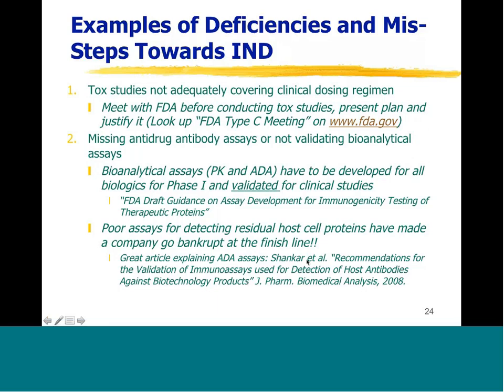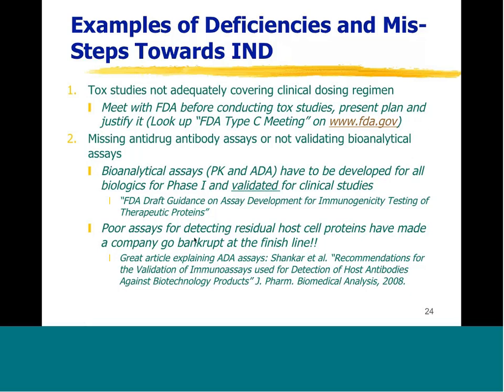The reason I put in the residual anti-host cell protein assays is that the Office of Blood Products, so if you're developing coagulation factors or blood products, actually requires you to do this. Other divisions don't. Europeans like to see it, but they may not emphasize it at the beginning. Eventually, they may ask you.